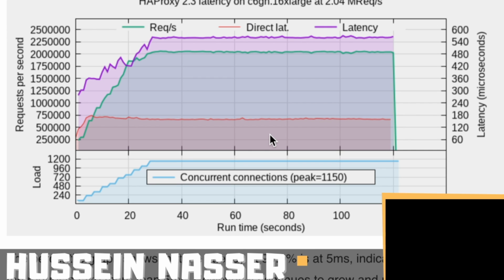We're looking at 1,150 concurrent connections between the client and HAProxy, and we're looking at 600 microsecond latency, right? And around 2 million requests per second, right? And the direct connection is obviously peaking at 120 concurrent connections and 120 microseconds. Wow, right?